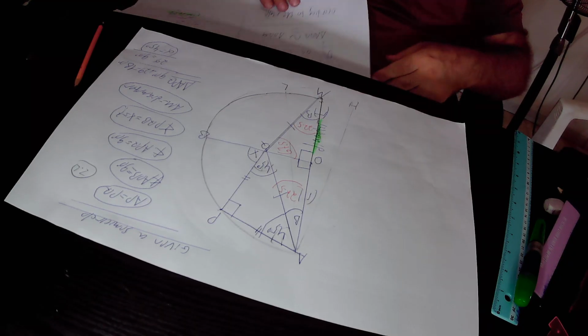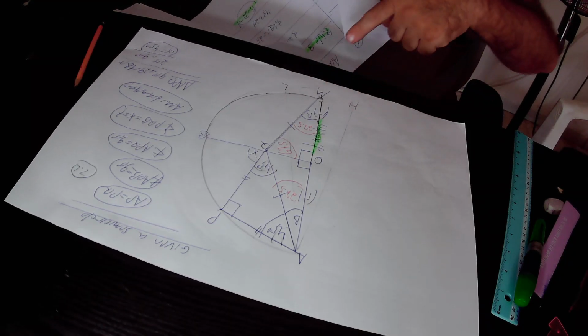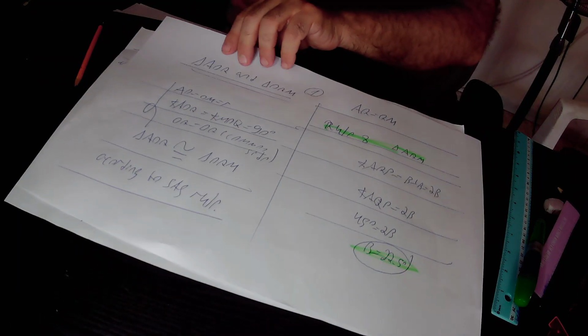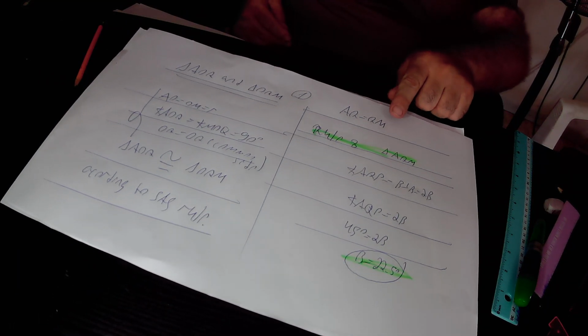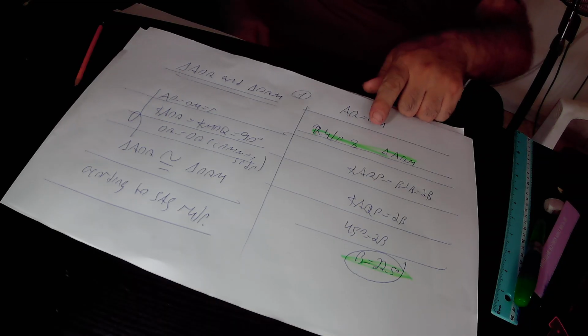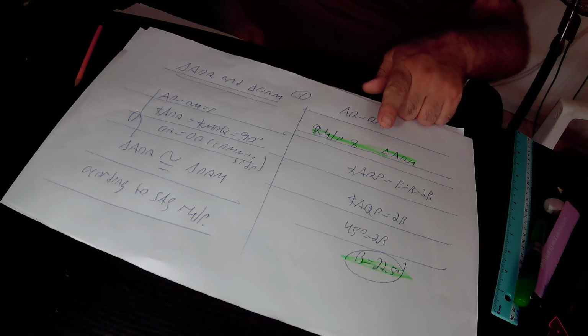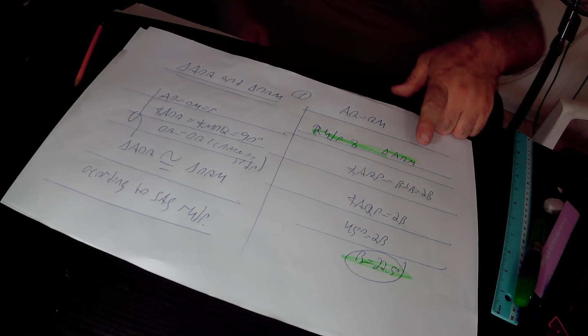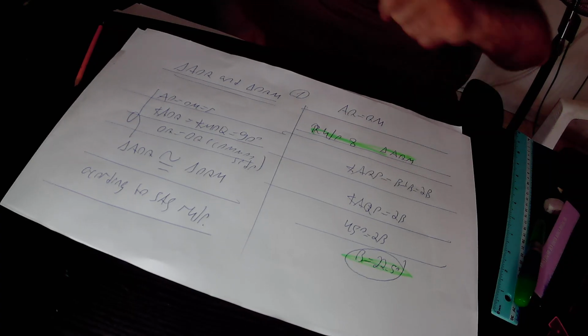Again, according to Rule 8, if we relate to the big associated triangle AQM, the size of the exterior angle AQP equals the sum of the two interior angles that are not adjacent to it. That is to say, it is beta plus beta, that is 2 beta. So the size of the exterior angle AQP is equal to 2 beta.